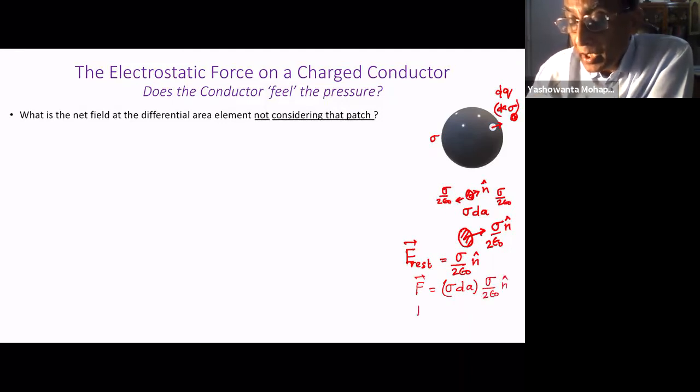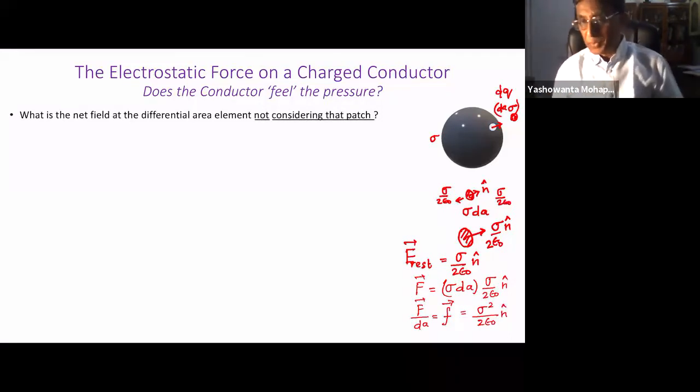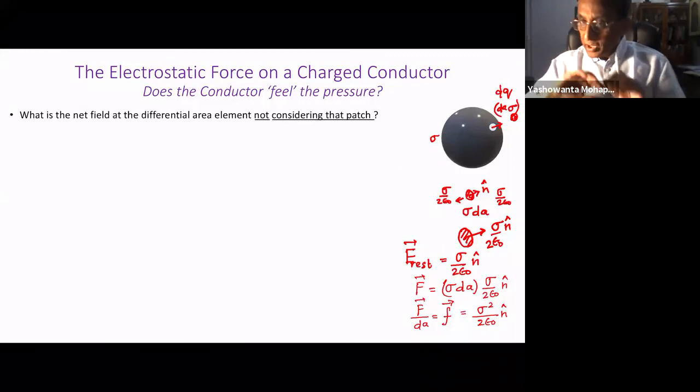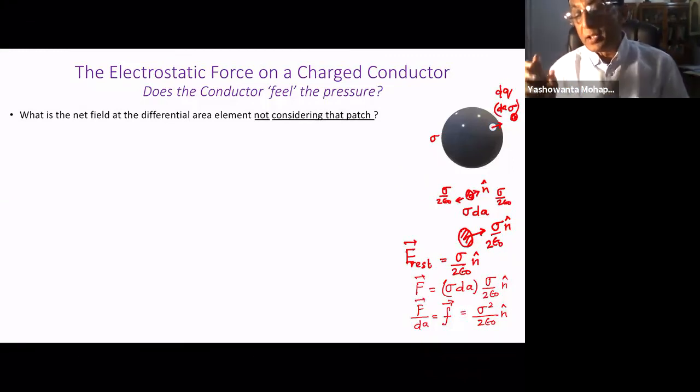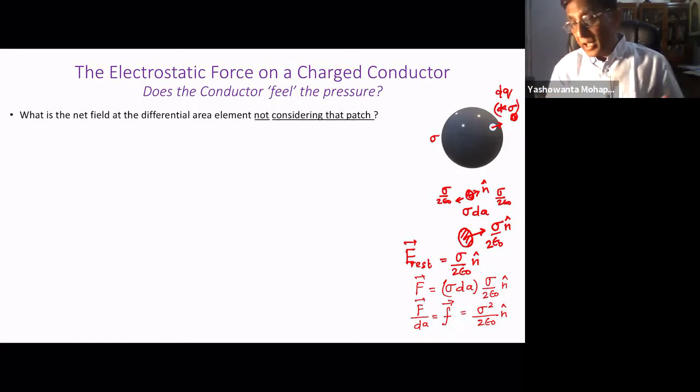So if I take F by dA, which is force per unit area, then this is sigma square by 2 epsilon naught n. That's the simple argument. So locally, everywhere there is sigma, it is feeling a force from the rest, and I have taken a very symmetric conductor, but it could be some arbitrary shape.